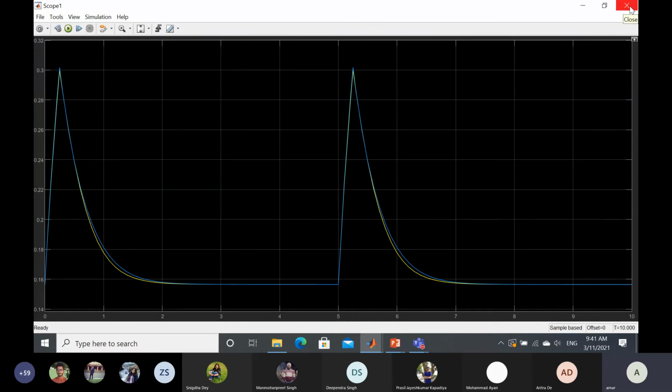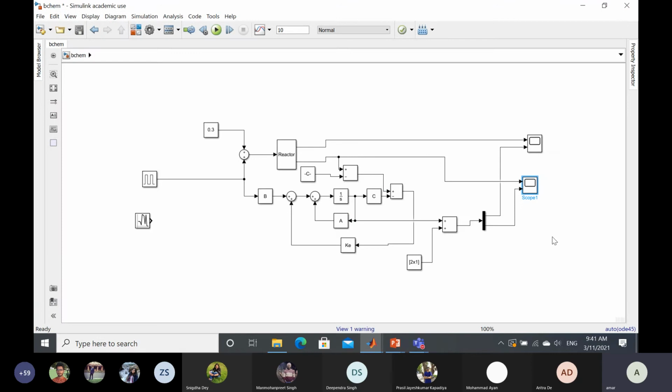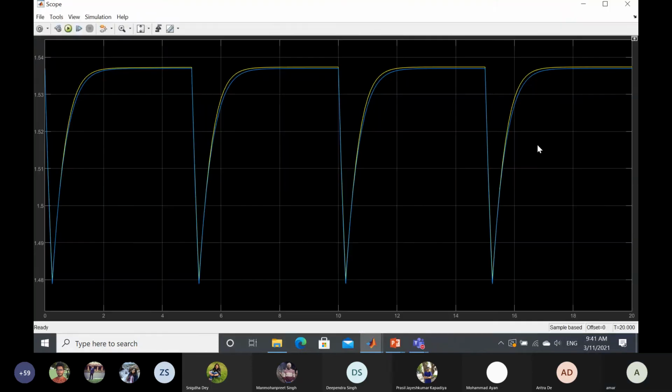So this is basically the observer design. We can increase the time and see whether it's still observing well or not. In all cases, I find it is observing very well.